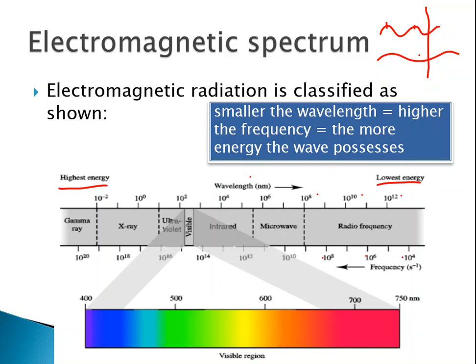Since all of this radiation moves at the same speed, the speed of light, a shorter wavelength will equal a higher frequency. Now the most important bit of this is that visible light exists on this spectrum, with red light being at the low energy end of the spectrum and blue and violet light being at the high energy end of the spectrum. So we could say that a particular wavelength of light is equal to a particular energy.